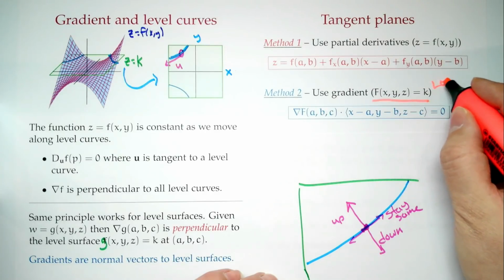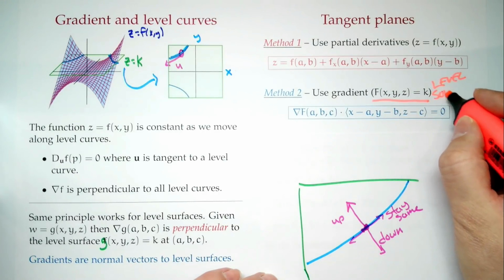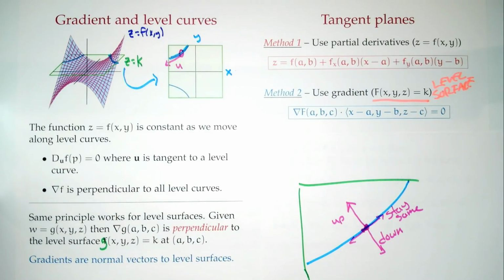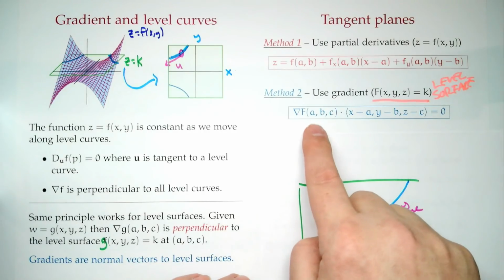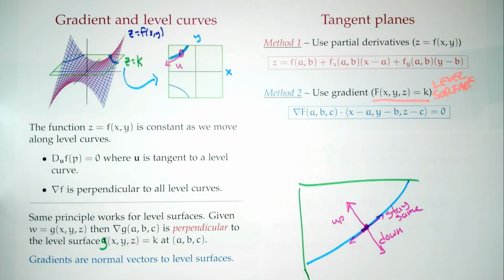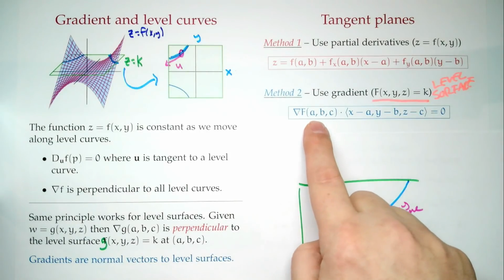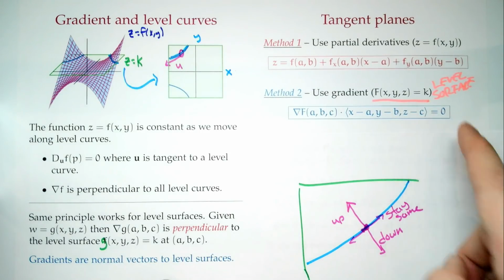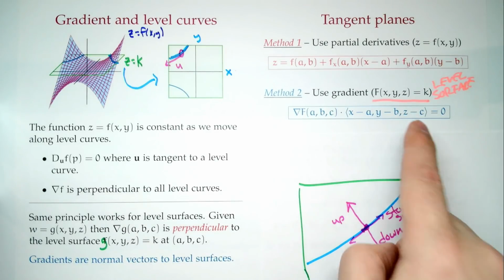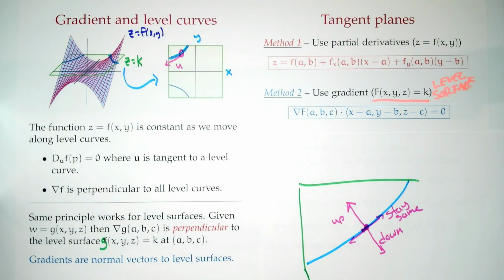This is a level surface. And I know how to find something which is perpendicular to a level surface, namely the gradient. So that tells me how to find a normal. So if I have a point a, b, c, the gradient at a, b, c is the normal vector. Then if I take the normal vector dotted with x minus a, y minus b, z minus c, I get 0. This is just a way of saying a normal vector and the point a, b, c. And then you write it down, that's the equation for the plane.